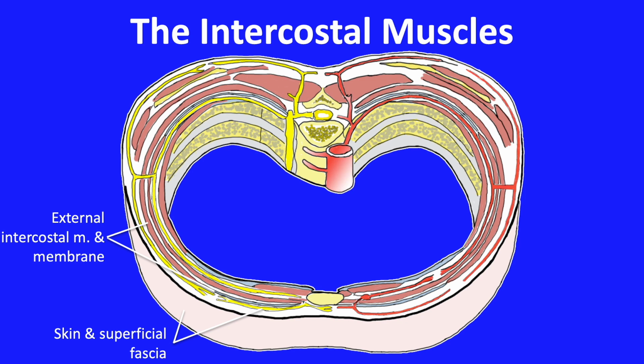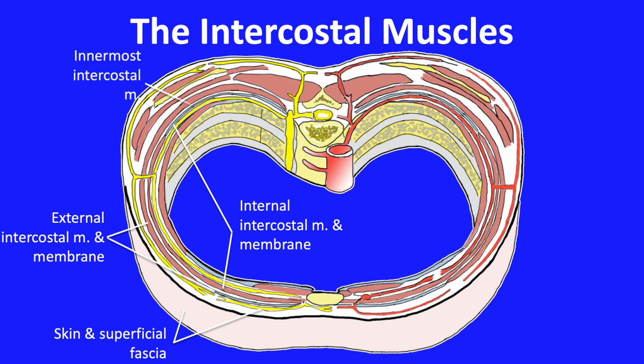Note, the medialmost part of the muscle layer consists of a membrane, whereas the internal intercostal muscle is just deep to the external intercostal membrane, and there is an internal intercostal membrane where the external intercostal muscle is located. The third layer is similarly arranged.